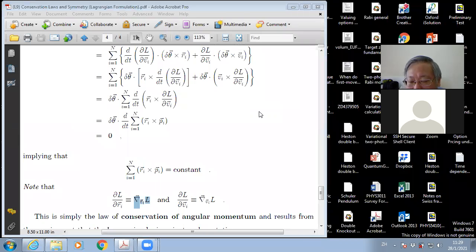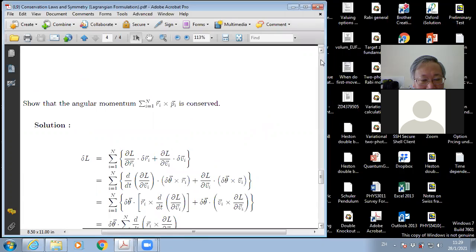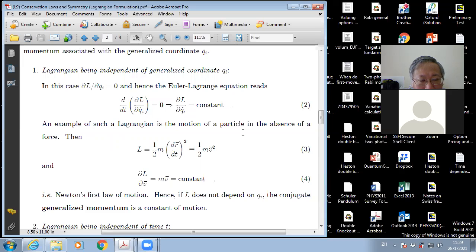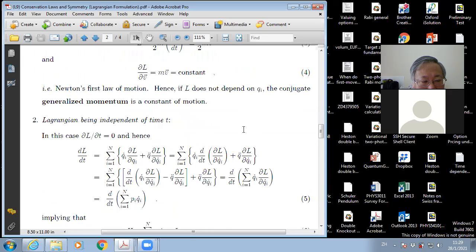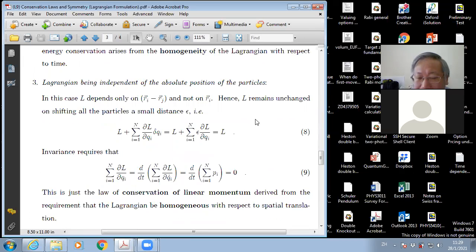Is the Lagrangian Euclidean invariant? This relates to this example, example 3. All right.